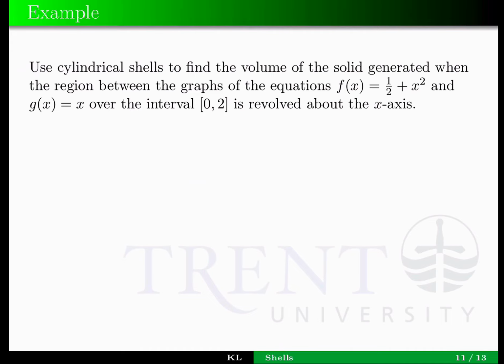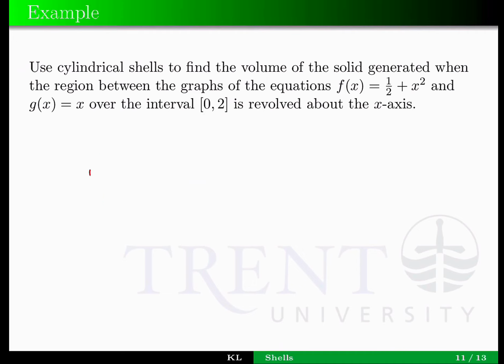One last example. Actually, let's have this second to the last example. Use cylindrical shells to find the volume of the solid generated when the region between the graphs of f of x equals 1/2 x squared and g of x equals x over the interval 0, 2 is revolved about the x-axis. I hope you remember this.